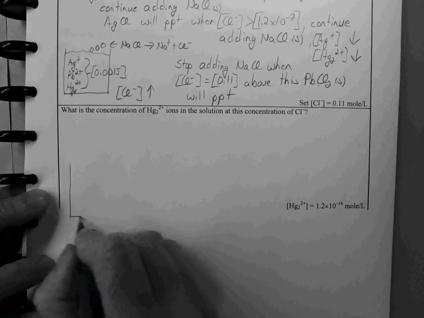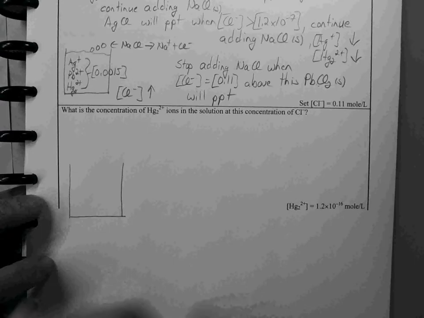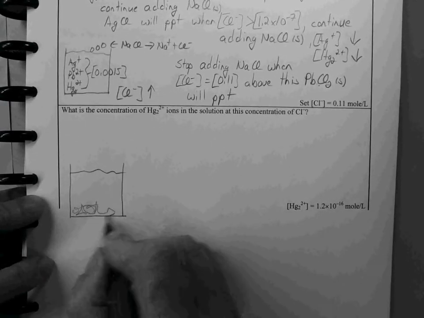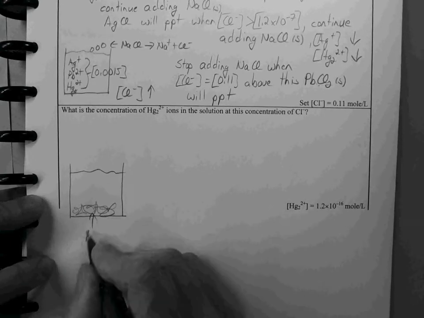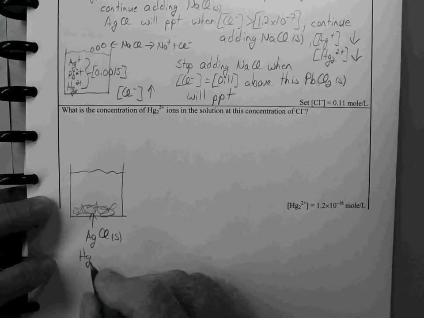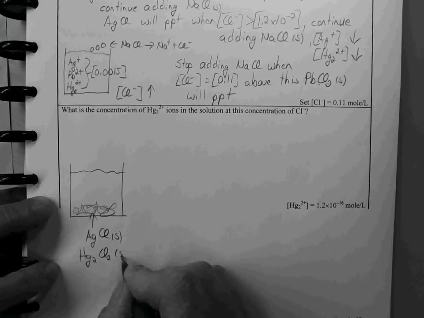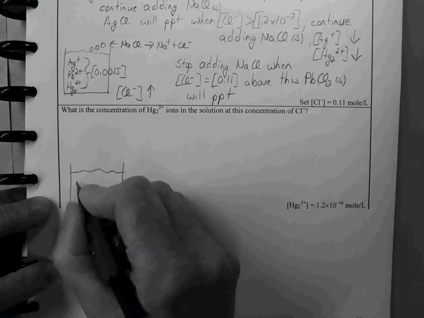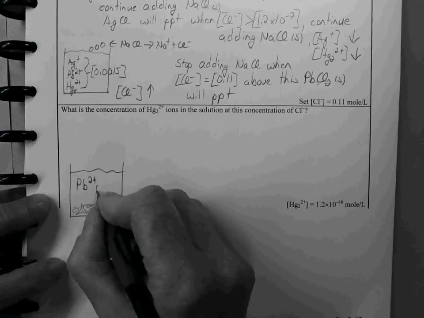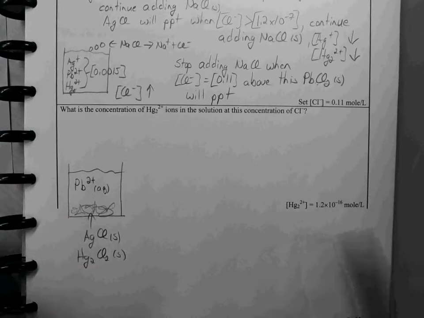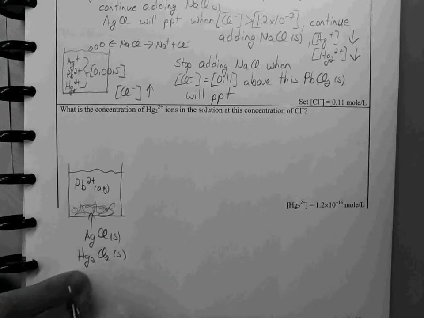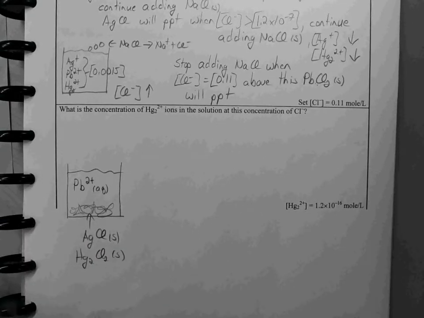So what we have here in the beaker, and let me remind you, is the solution, and down here at the bottom is silver chloride solid, and we're also going to have mercury 1 chloride solid. And what we have in here is primarily Pb2 plus ions. They're still in solution. Virtually all the silver and the mercury 1 ions have been precipitated as a solid.